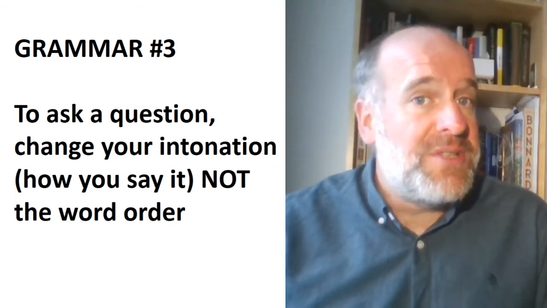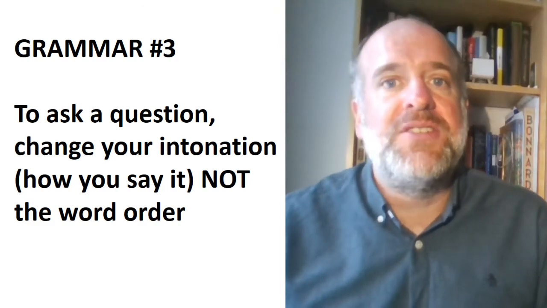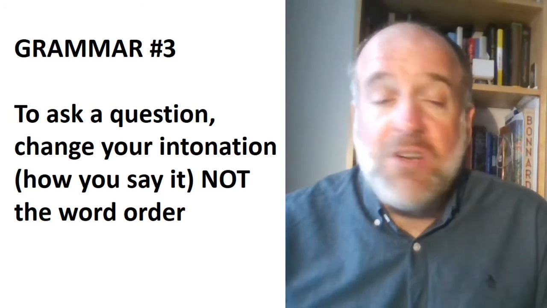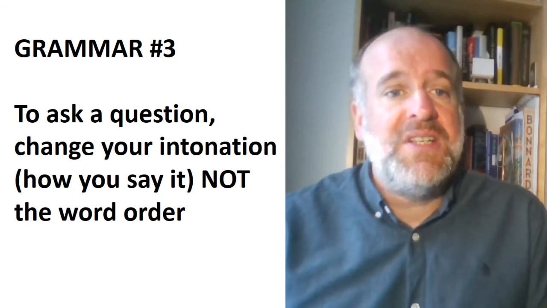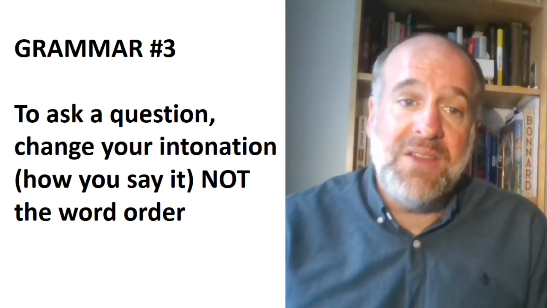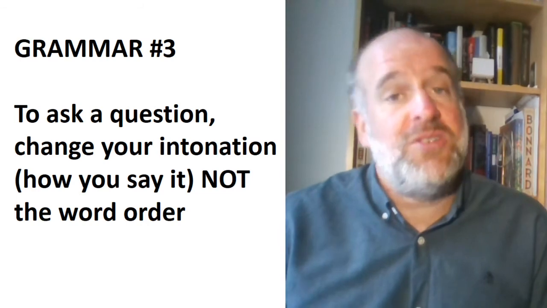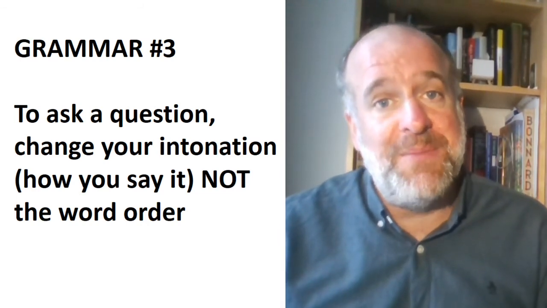In some languages, like French, for example, you change the word order, or you add a phrase to make the question. But in Russian, you don't do this. You just need to change your intonation. You just need to put a question mark at the end of the statement.